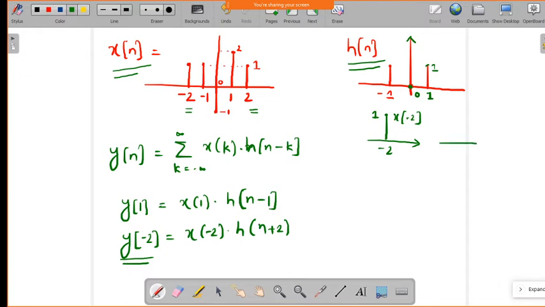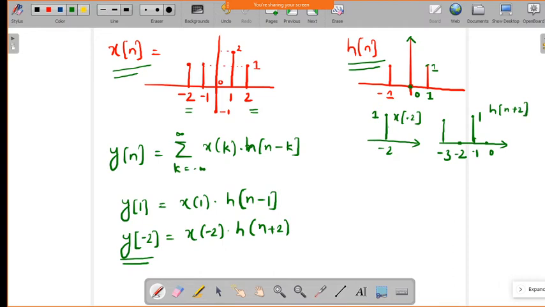So if you shift 2 times left, at minus 3 you will get 1, at minus 2 you will get 0, at minus 1 you will get 1, and at 0 again it will be 0. So now this is your h of n plus 2.